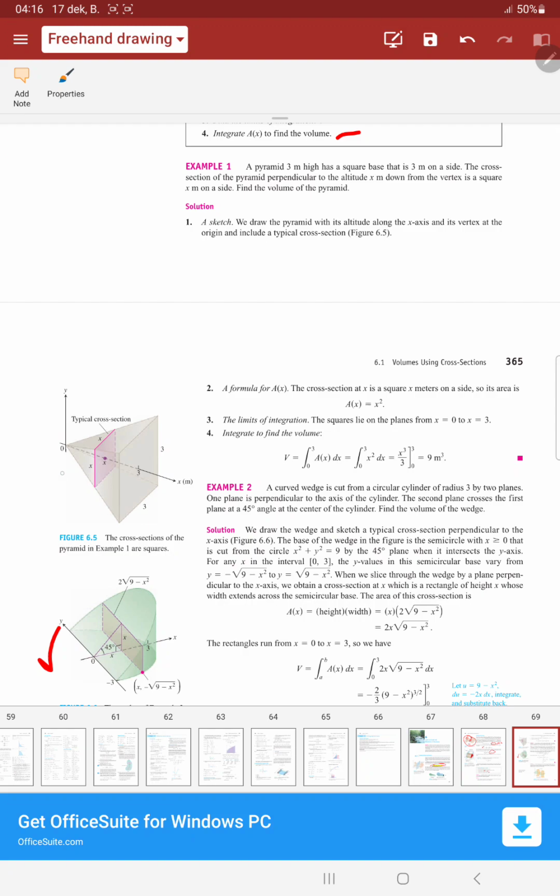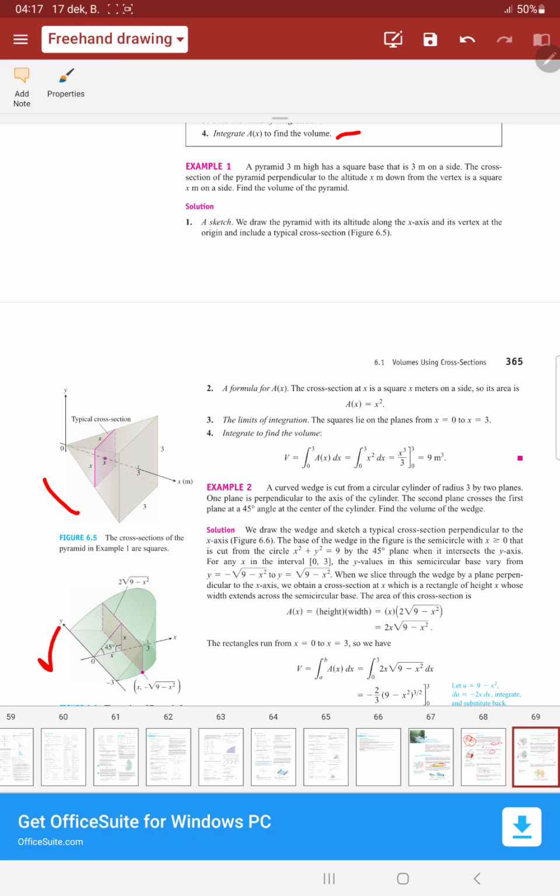When we cut this pyramid with paper, I don't know, it sounds ridiculous, but let's say with a knife, we'll see that the cross section is a square, it's obvious, and the cross section of the pyramid perpendicular to the altitude x down from the vertex is a square x. Find the volume.